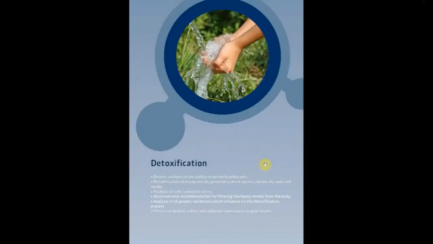Now, detoxification is an interesting concept. Basically, there are a number of different toxins, toxic chemicals and stuff in our environment that can reach our body, that can get into our body. And nature knows about this. So we have a number of systems, a number of genes that can recognize these toxins, neutralize them, and remove them from the body.